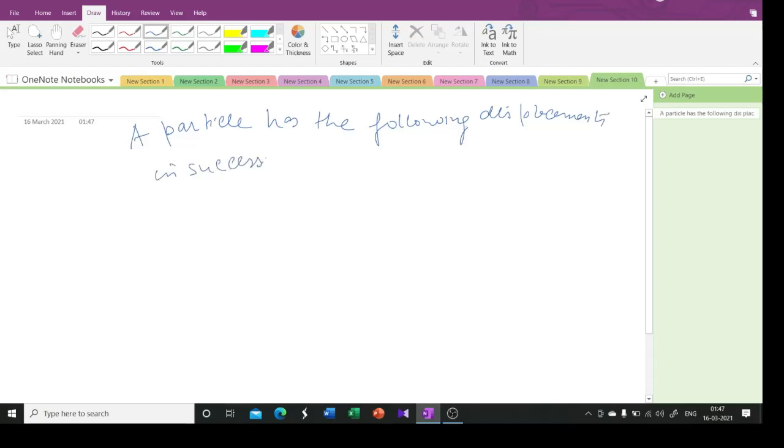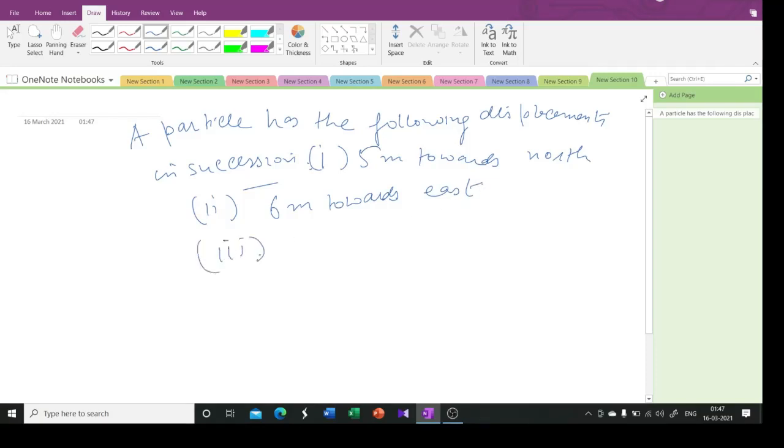Basically it follows the sequence of displacements. First it travels 5 meter towards north. Then it goes 6 meter towards east. And then it goes 2 meter vertically upwards.